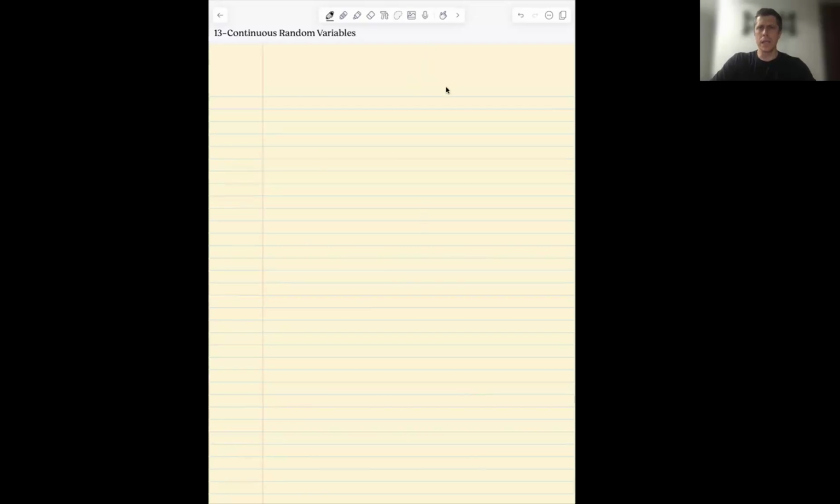Okay, we've run through some examples earlier, much earlier in the course, of what a continuous random variable or a continuous probability distribution will be. And remember what the example was at that time for a continuous probability model.